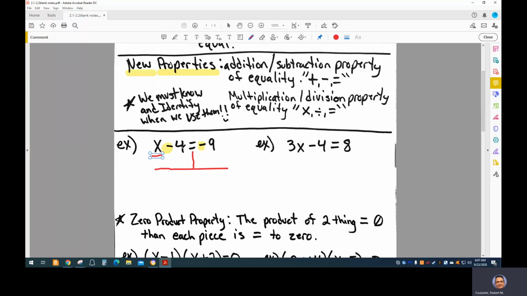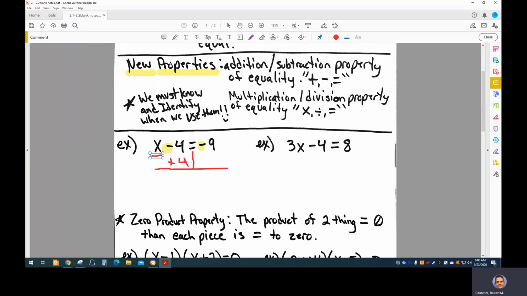Well, what else do we have next to it? We have this -4. All we need to do is the reciprocal property of whatever is being done. We're taking away 4. The opposite of taking something away is adding something. So if we take away 4, we have to add 4 to this. That'll make the 4 go away.